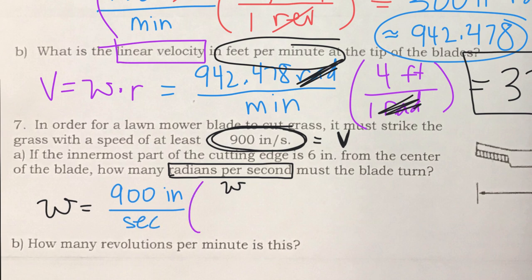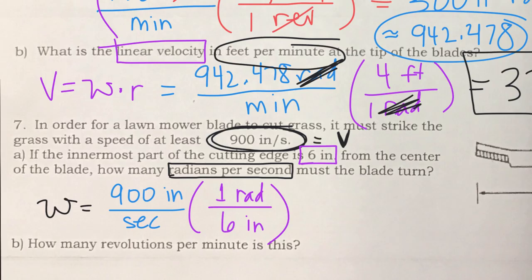What's the radius that we're looking at? 6 inches. So if we're dividing, where does that go in my fraction? Goes on the bottom. 6 inches goes on the bottom. 1 radian angle goes on top.